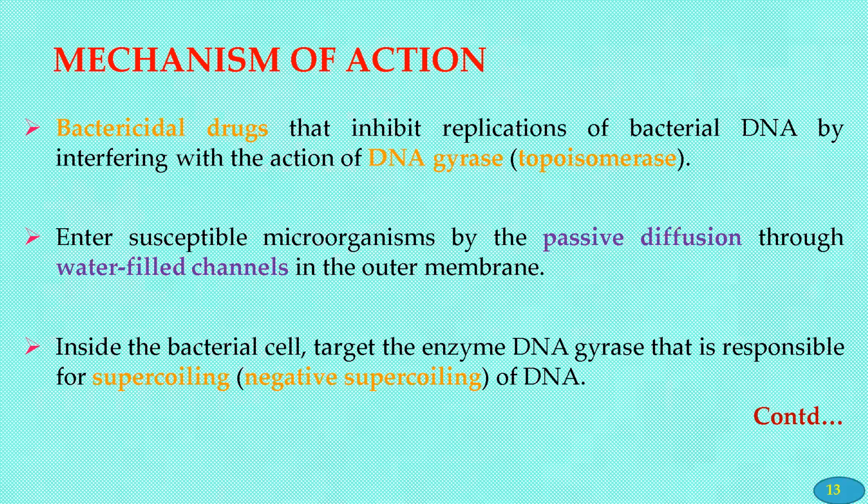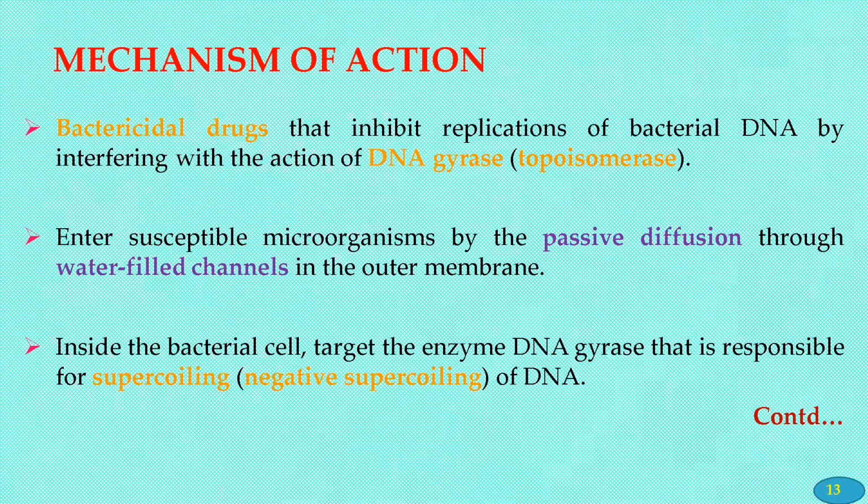They enter the susceptible microorganism by passive diffusion through water-filled channels, especially in the outer membrane of the bacteria. Then inside the bacterial cell, they target the enzyme DNA gyrase, also known as topoisomerase, which is responsible for the negative supercoiling of the DNA, meaning winding and unwinding of the strands of the DNA.